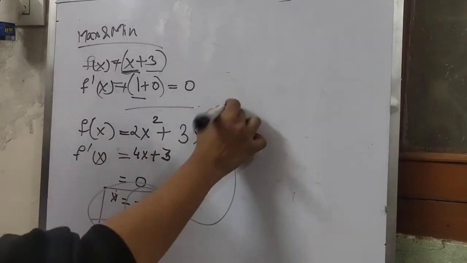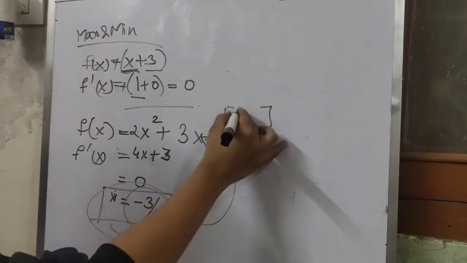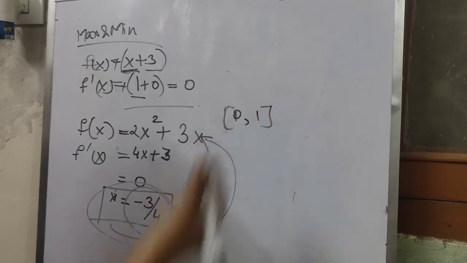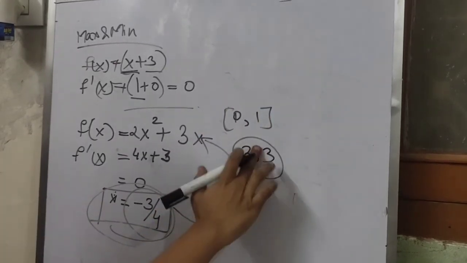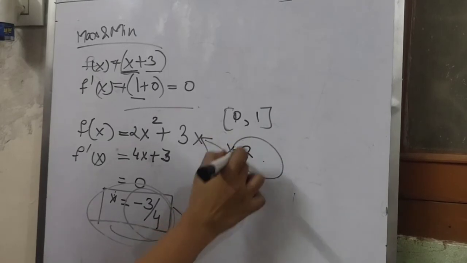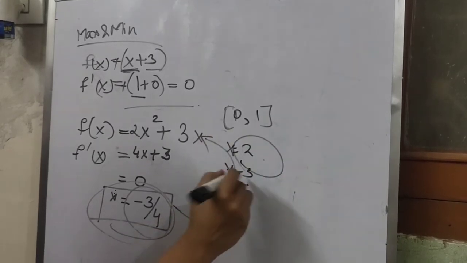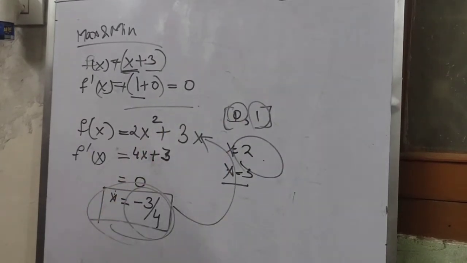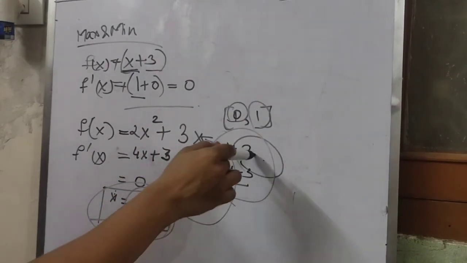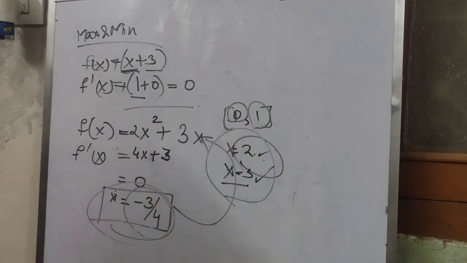For example, if I say my values are between 0 and 1, and I am getting the answer 2 comma 3, so one value of x is equal to 2 and the other value of x is equal to 3, then on putting these against 0 and 1, I'll say that these are my global maximum and minimum values.